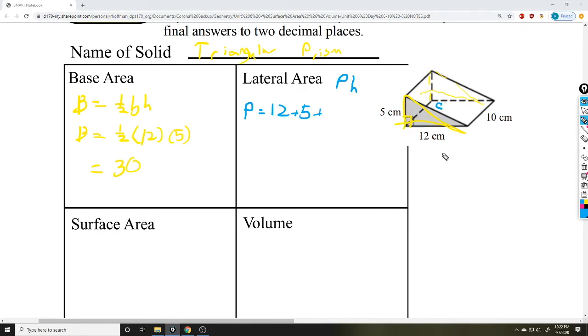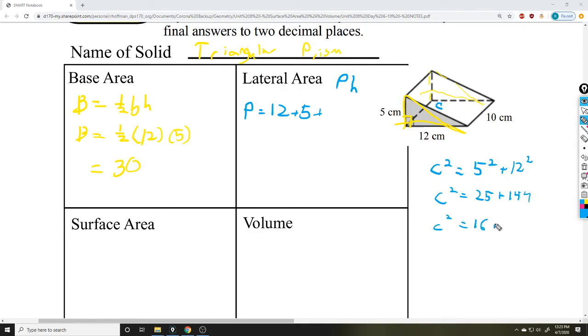Oh, wait a second. This is a right triangle. We know 2 sides. Then we're going to do Pythagorean theorem. C squared equals 5 squared plus 12 squared. That's the hypotenuse. And so we can solve for it. 5 squared is 25. 12 squared is 144.